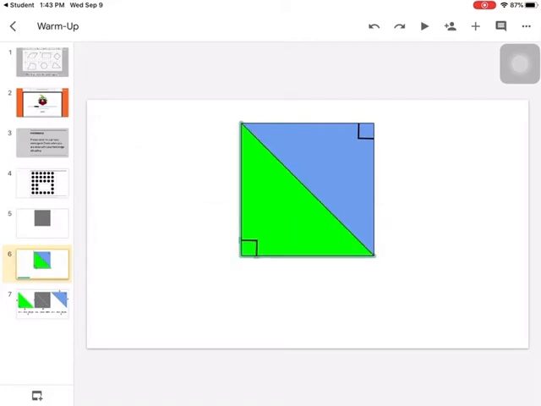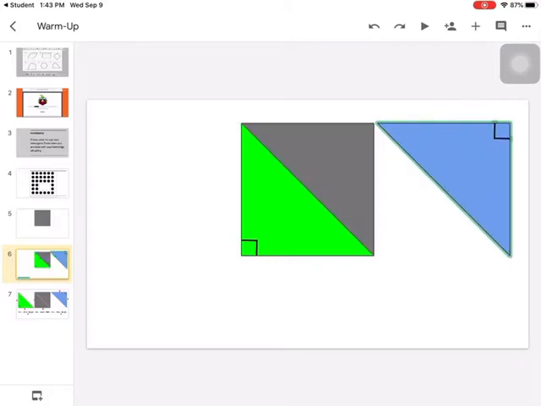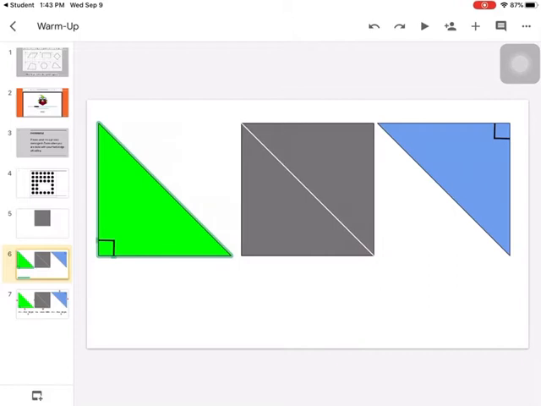Now, this is a lot like what I showed you guys the first couple of days of class, how we can have multiple shapes that fit inside one another. We've already gone over some of these basics, but both of these triangles fit completely into that square. They each take up half of that square. That is why our formula is made the way that it is.